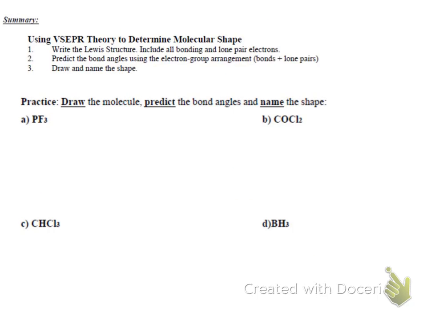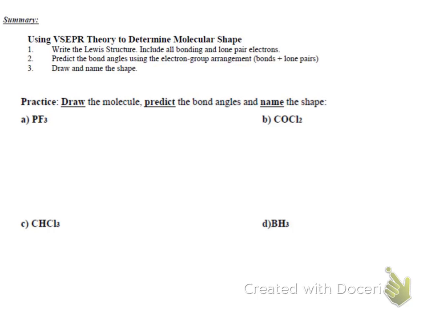So on the next page, I want you to stop your video and sit and work out the Lewis structures. That's the most important thing. Draw the structure first. Figure out where the lone pairs are, if the central atom has lone pairs. Use it to predict the bond angles and the shape. Name the shape. You don't have to draw it to scale, but you should label the angles on your molecule.